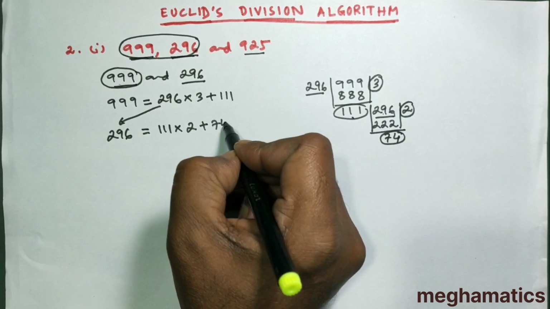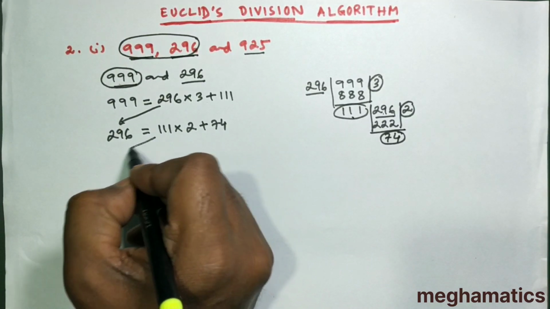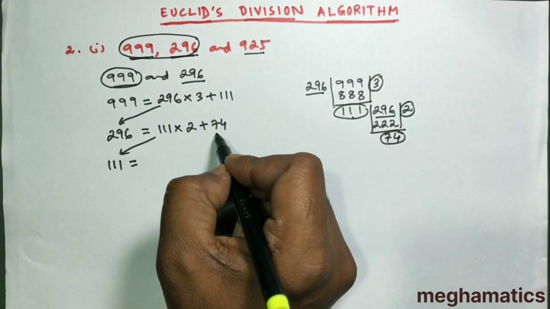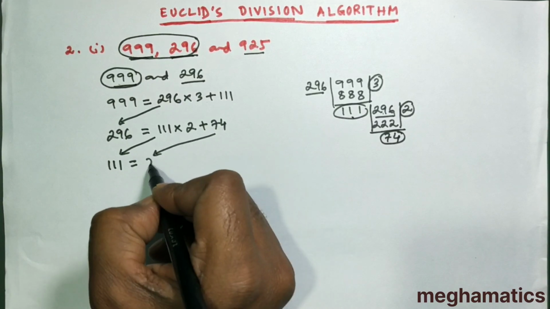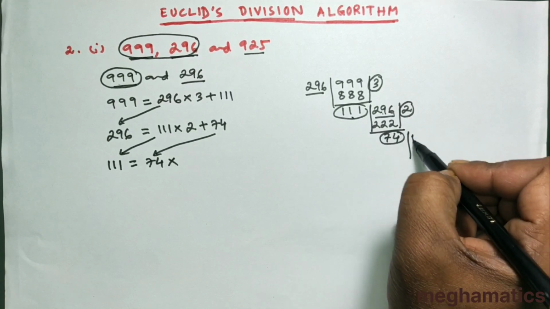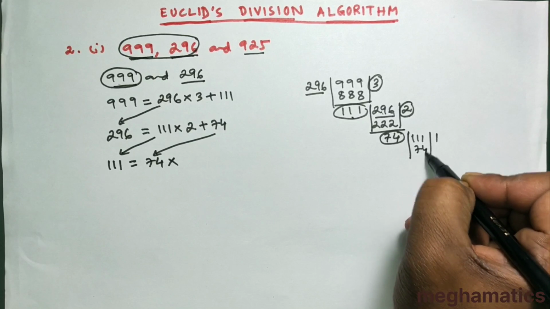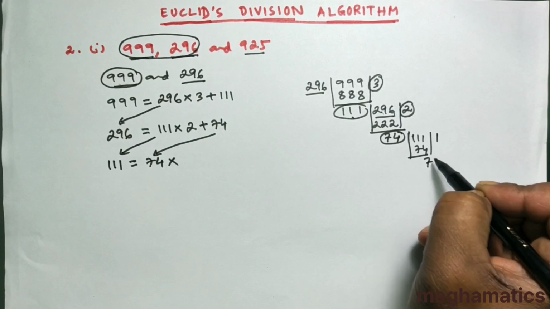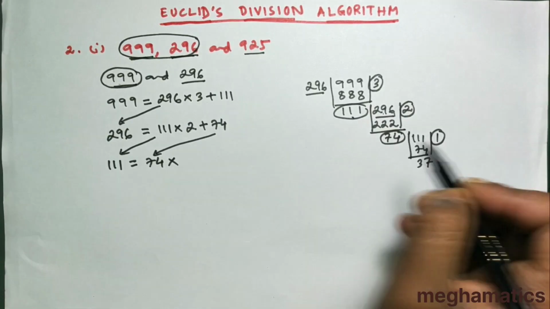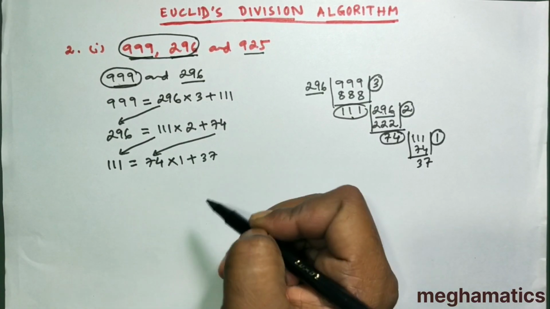Then again in the same way we have to bring this 111 here. 111 is equal to 74 into, now if we divide with 74, we'll get 1 time, so 74. 11 minus 4 it is 7, then 10 minus 7 it is 3. Here the quotient is 1, plus the remainder is 37.